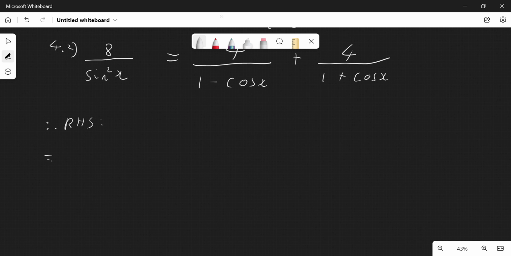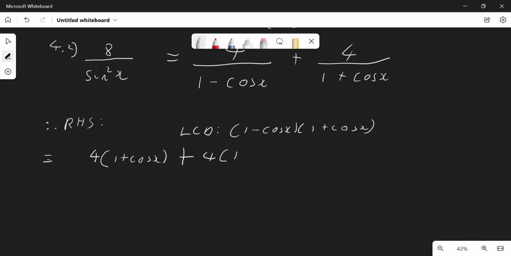As we add them, our LCD is 1 minus cos x and 1 plus cos x. So there we're going to have 4 times 1 plus cos x plus 4 times 1 minus cos x.